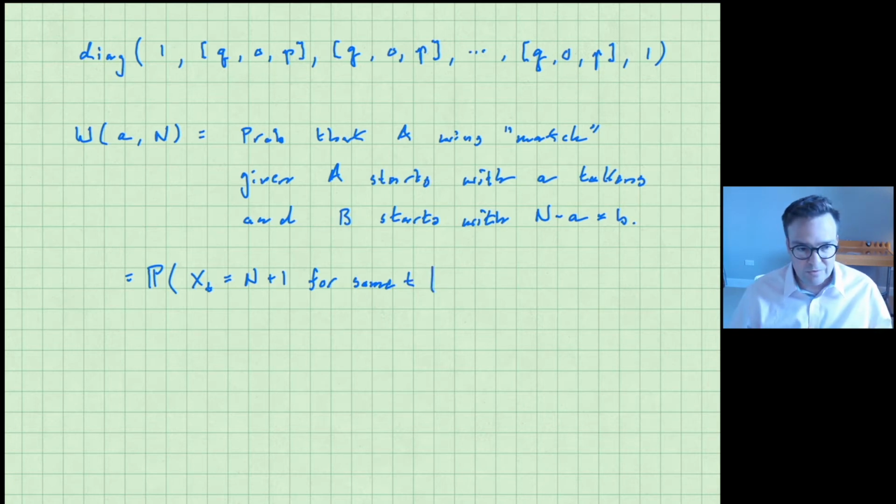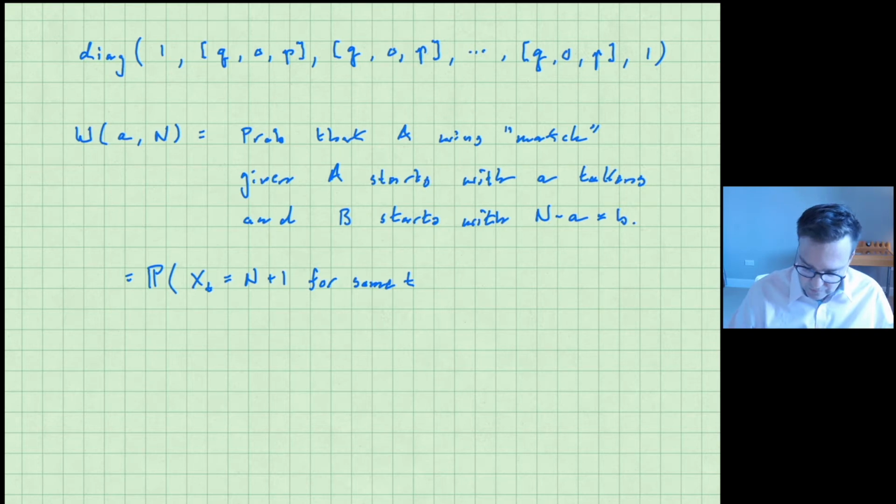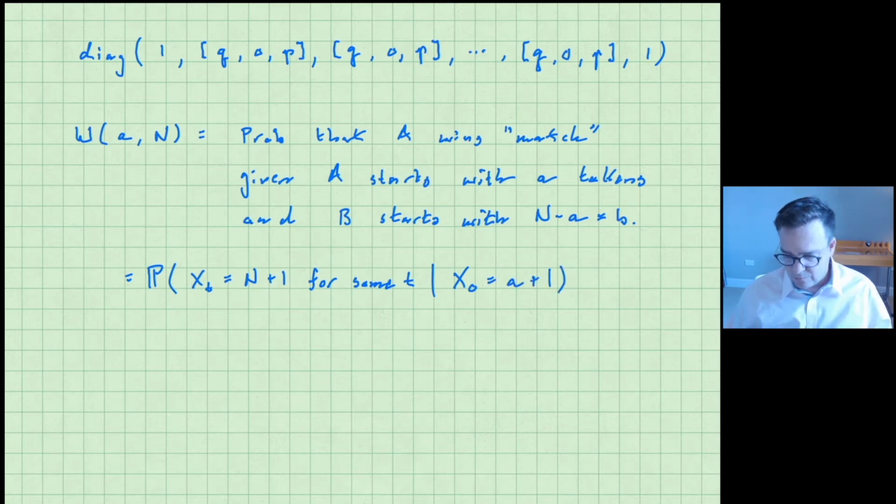Maybe you should put there exists some t such that. That's another way to do it. Given that x0 is a plus 1. In other words, given that player A starts with lowercase a tokens. So that's just a more formal, a more explicit way to write it, so there's less confusion.